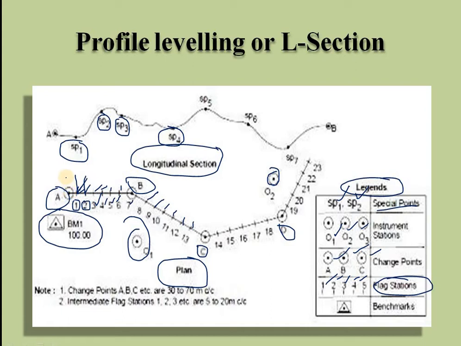So first we keep the instrument on the station point A and we will see the readings 1, 2, 3 up to 6, and again we will be changing the instrument to point B, and we will keep the instrument and do all the temporary adjustments, that is setting up the instrument, bubbling up the instrument, focusing the eyepiece, everything. After doing the instrument adjustments, we will be seeing again the 8, 9, 10, 11, 12, 13 points, and after that from point B the instrument will be changed to the C point.